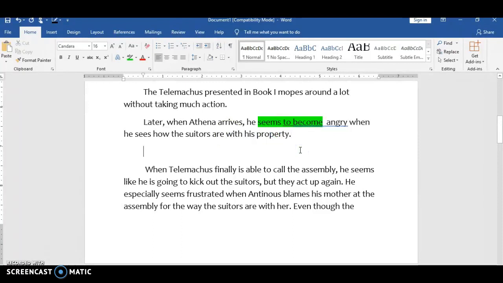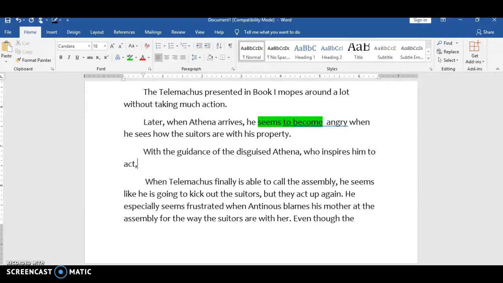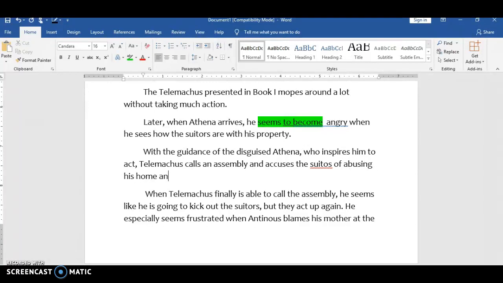So I'm going to say something like this. With the guidance of the disguised Athena, who inspires him to act, Telemachus calls an assembly and accuses, good active verb, the suitors of abusing his home and his family.